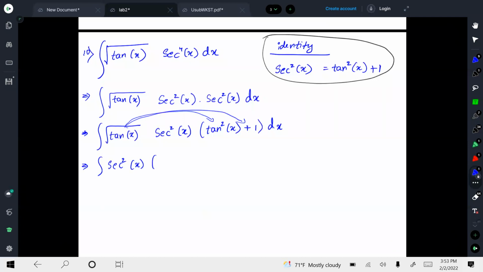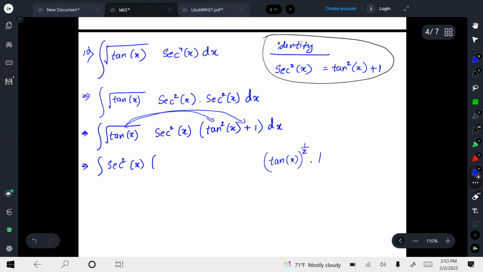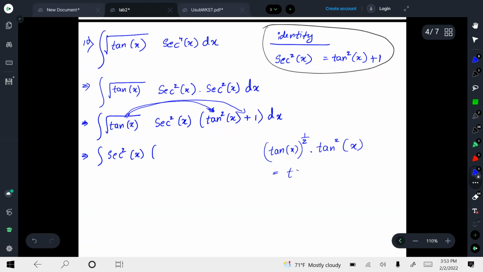When you do that, square root of tan of x is nothing but tan of x to the power of half, right? Multiplied with tan square x, that will give you tan to the power of half plus 2. That becomes 5 over 2, right?